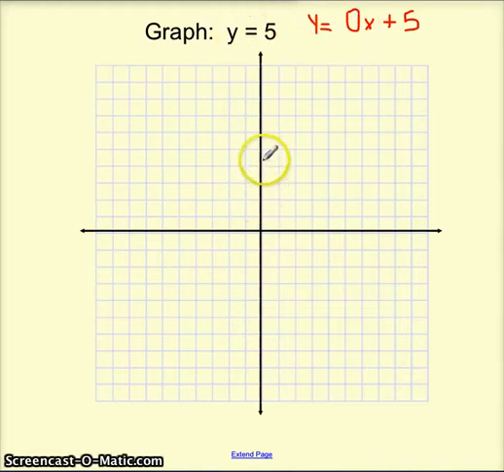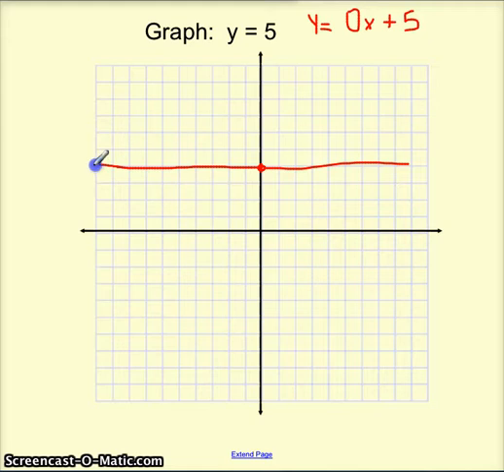So I'm going to go up to 5. And then I have a 0 rise and a 0 run. 0 rise and a 0 run. So this line, believe it or not, is actually going to be a horizontal line on y equals 5.